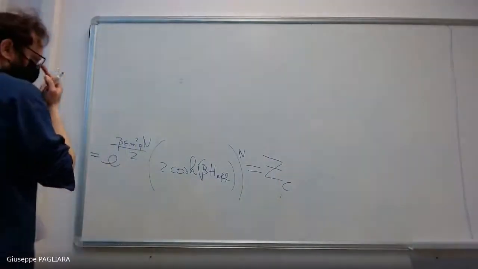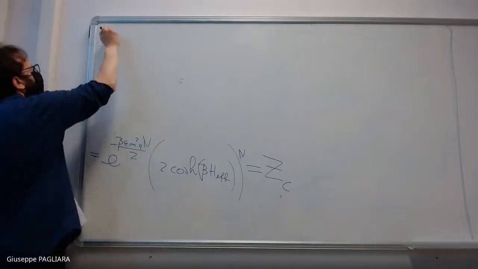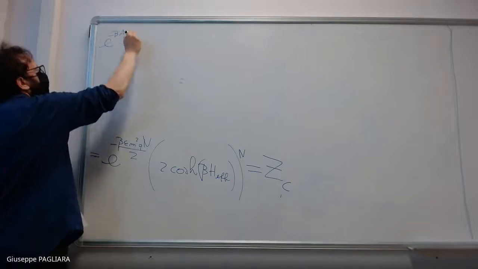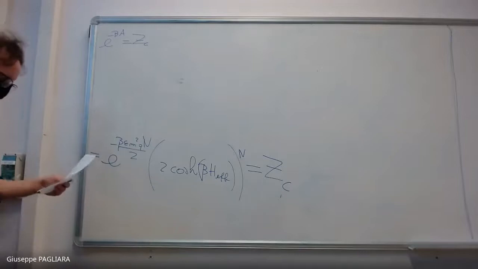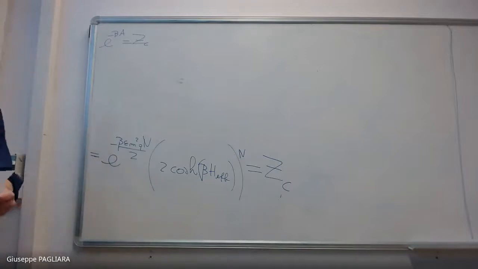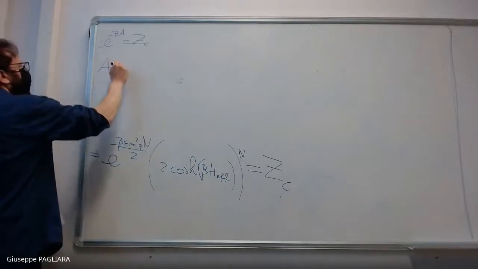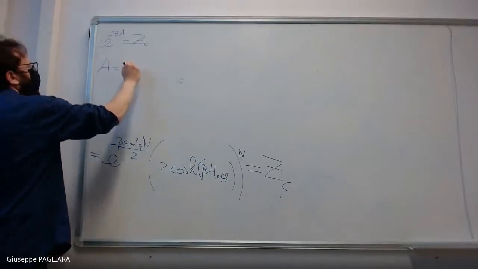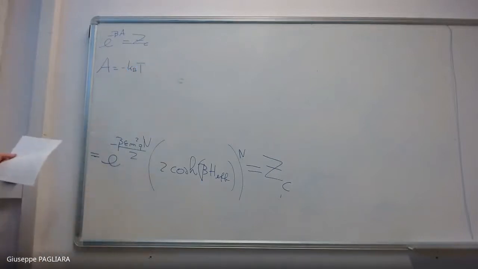So first of all, we can compute the Helmholtz free energy, because e to the minus beta A is equal to Z, the canonical partition function. Therefore A is minus kBT times the log of the canonical partition function.